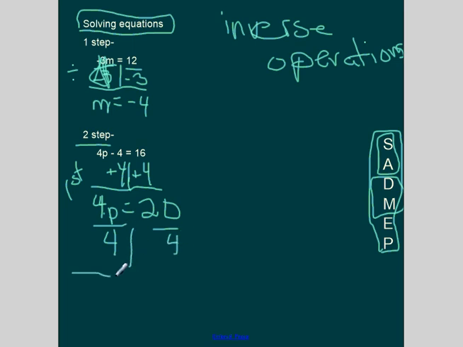Sorry, guys. The balance helps remind me that whatever I do to one side, I have to do to the other side. So I've divided both sides by 4. On the left-hand side, I end up with p, and on the right-hand side, I get 20 divided by 4, which gives me 5.